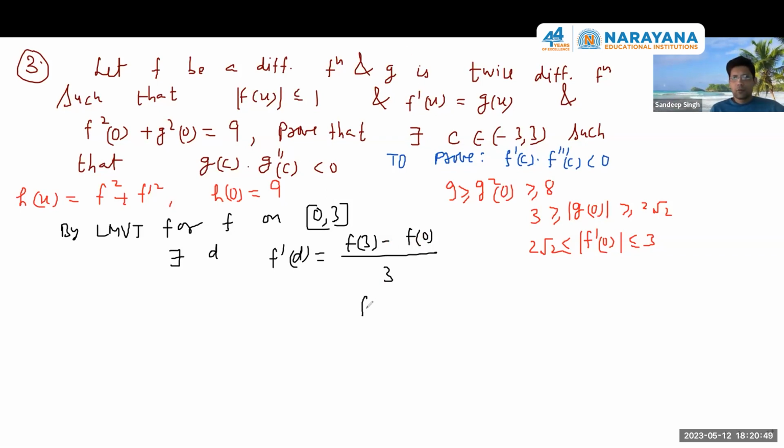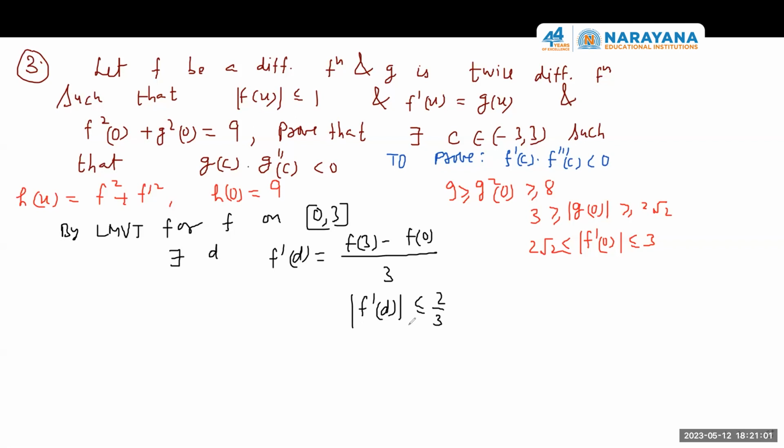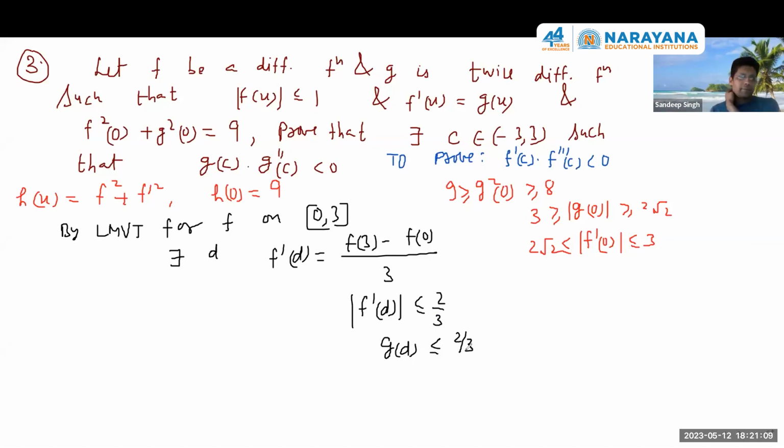Can you check this? So magnitude of F dash D must be smaller than 2 by 3. Is it clear or not? Yes. That means what is F dash D? G of D only. So G of D is less than or equal to 2 by 3. That is your F dash.